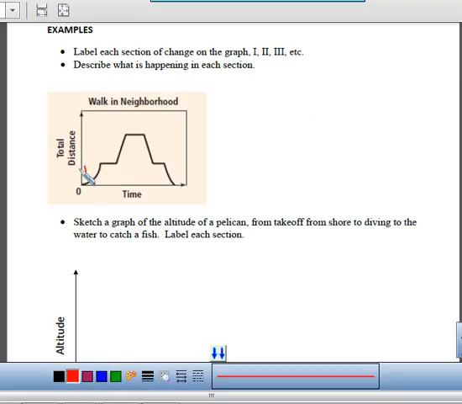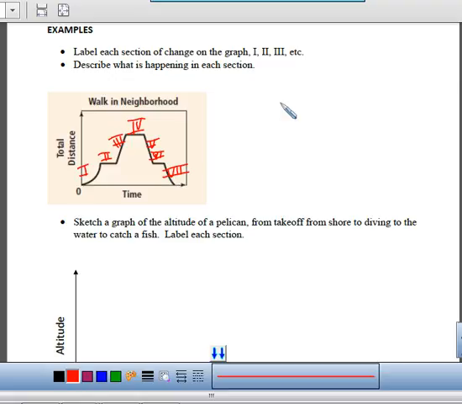So here is section 1, or I. Here's section 2. Here is section 3. Section 4. Section 5. Section 6, that's VI, and Section 7. So we have 7 different sections.